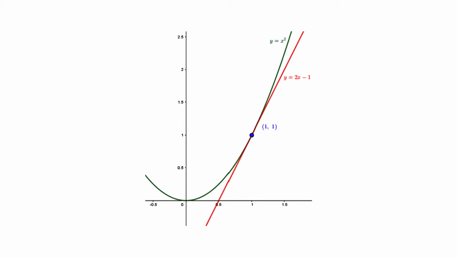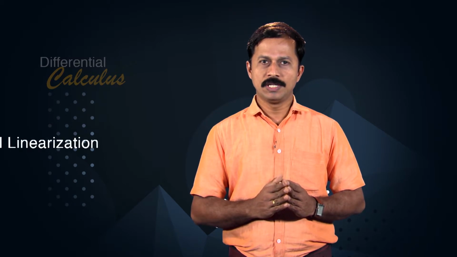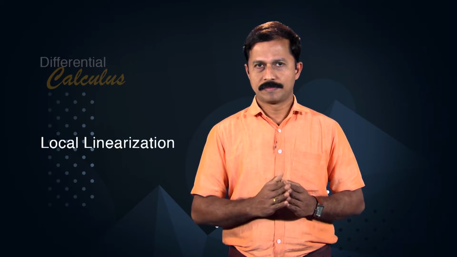As the portion of the parabola near (1, 1) is very close to the line, we say that the parabola is locally linear at x₀ = 1. In other words, the line y = 2x − 1 locally approximates the parabola y = x² near the point (1, 1). This approximation is called the local linearization.